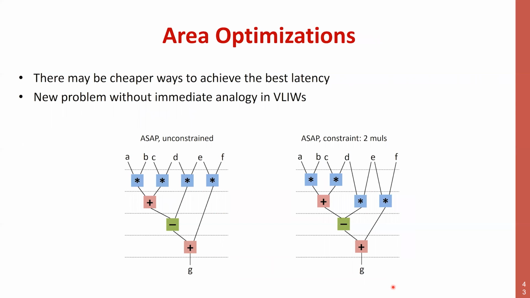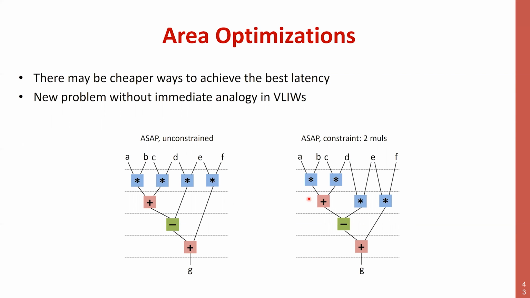If you want to go back to the definition of Pareto optimal, this is a solution that is Pareto dominant on this one, right? It has the same or better timing, the same in particular, and has the same or better area, better because it removes 2 multipliers. Now, these two schedules, if you had a 4 multiplier architecture in your VLIW, will be exactly equivalent, right?